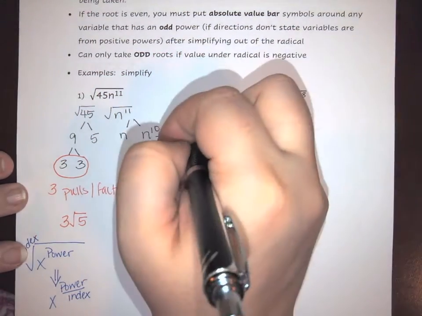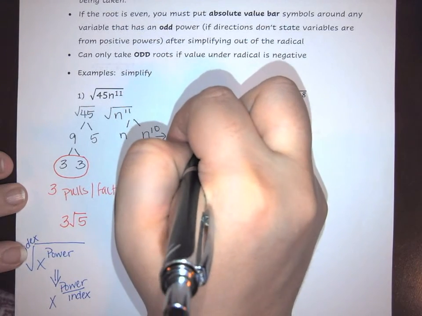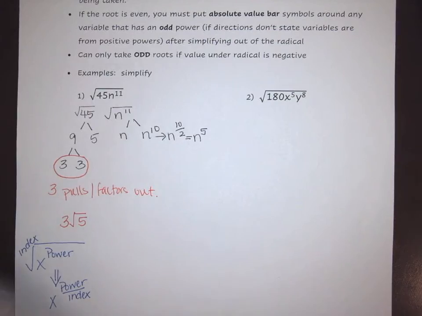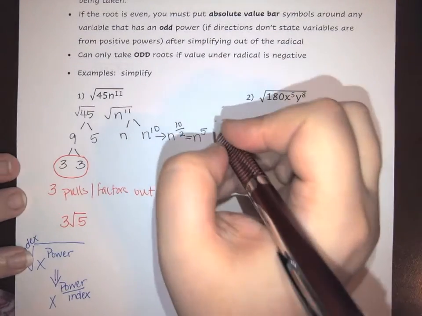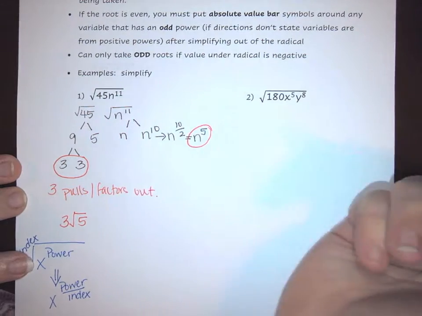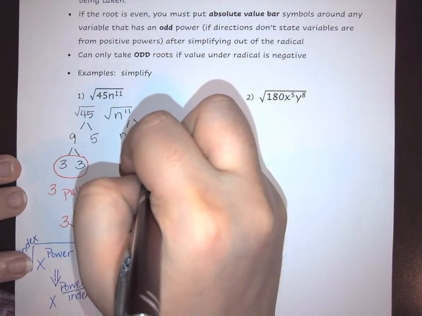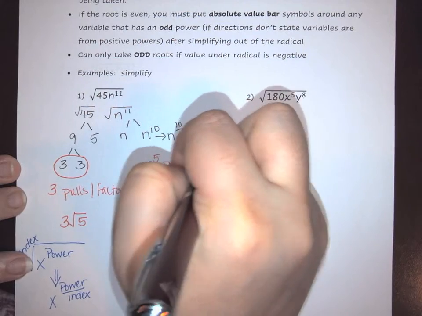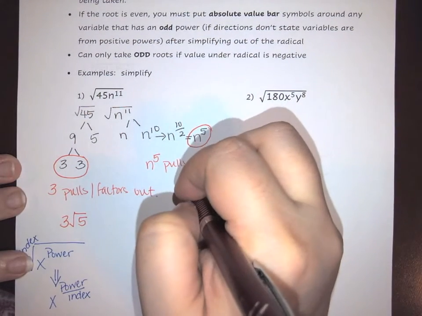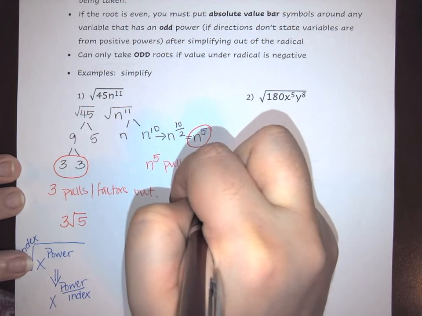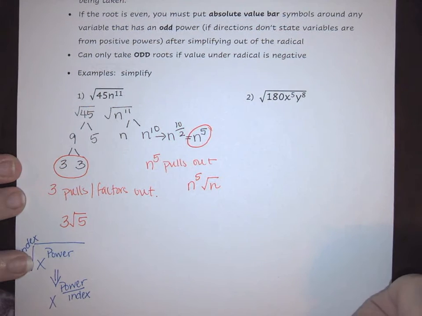Well, 10 divided by 2 is 5, so here we get n to the 5th. Because that's nice, this is my term that pulls out. So n to the 5th pulls out and leaves me with the square root of n.